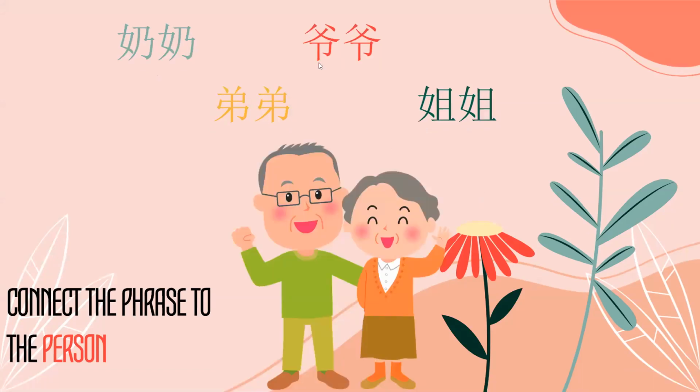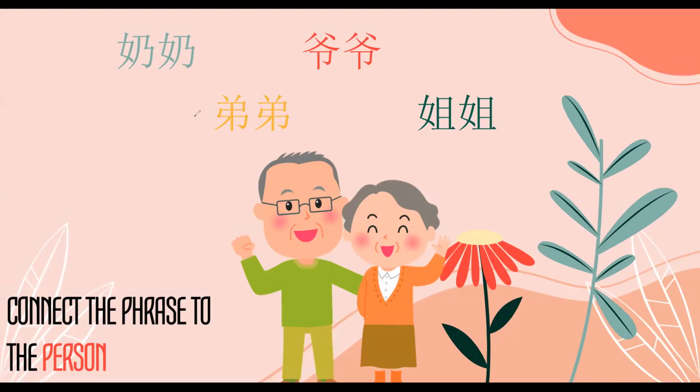So now these are only two people, so two of the words don't actually apply to them. So we're not going to use all the words in this one. So just draw the line for two of them.